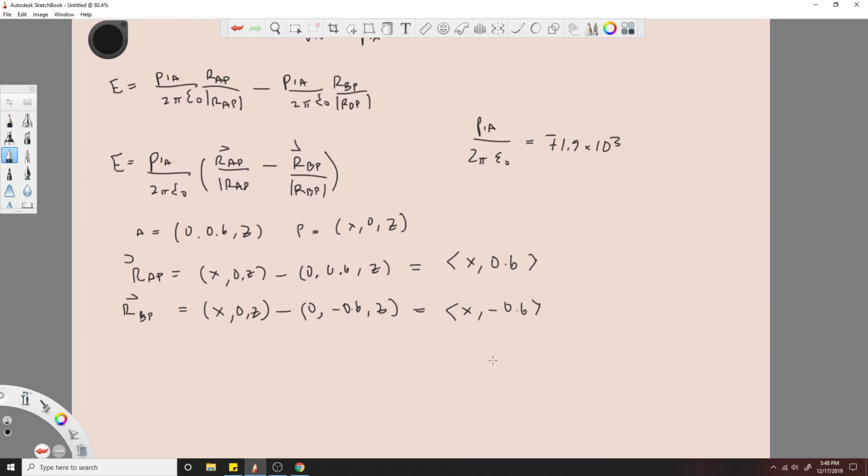What do you need to do next? You just have to plug in these guys. So E equals 71.9 times 10 to the 3 times x ax plus 0.6 ay. Now I'm going to start using the book's notation. I don't really like that notation, but I'll do it for the rest of this problem.